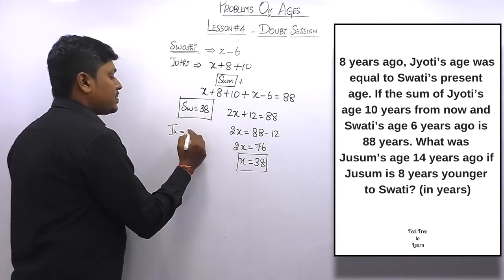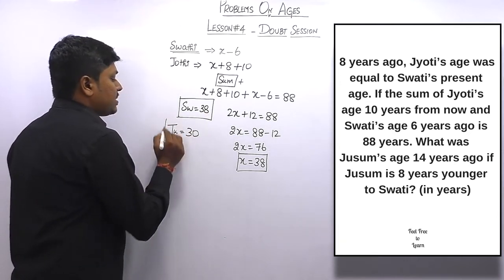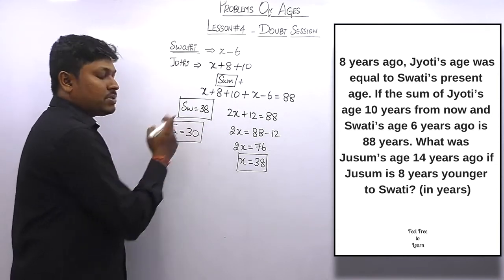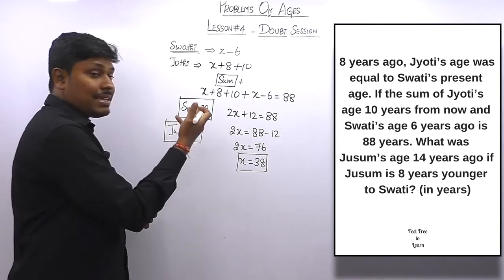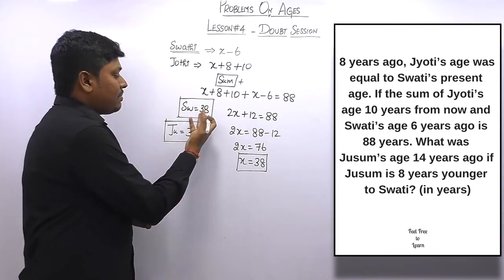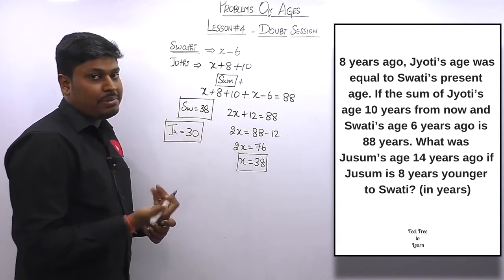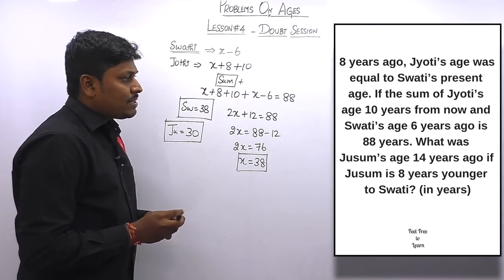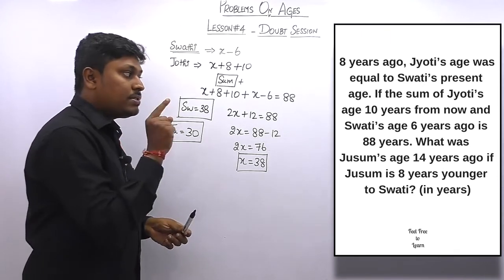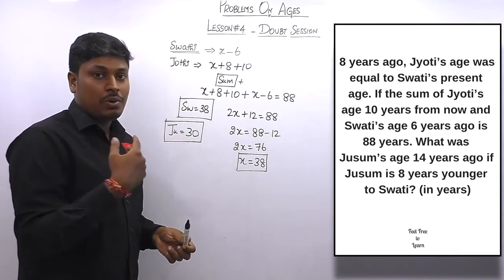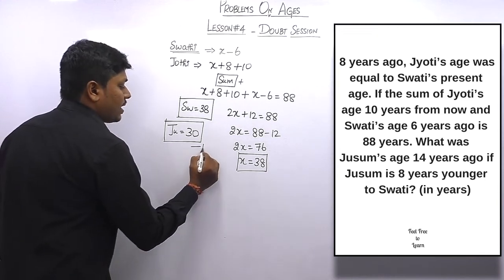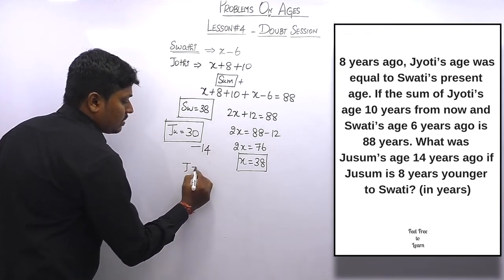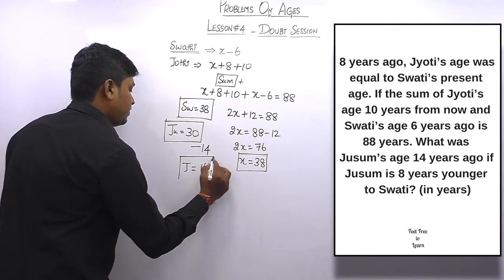So if it is younger than Swati, then definitely Jusam's age should be 30, because we know that Swati's age is 38. Jusam is 8 years younger, so we can say 38 minus 8 will be 30, Jusam's age. And what is our target? Our target is to find what was Jusam's age 14 years ago, right? So 14 years ago, again subtract 14, so Jusam's age will be 16.